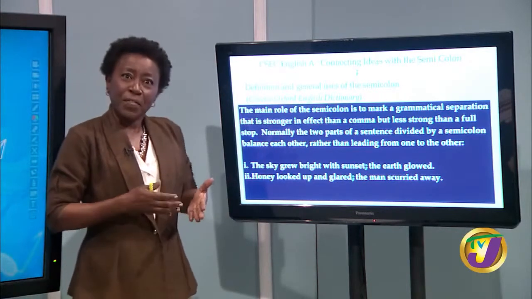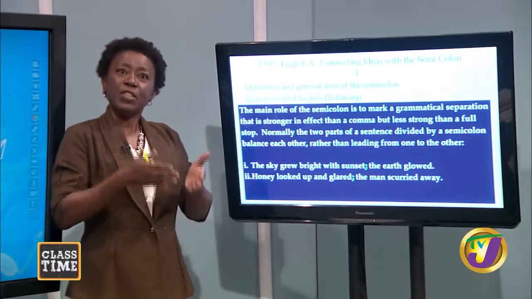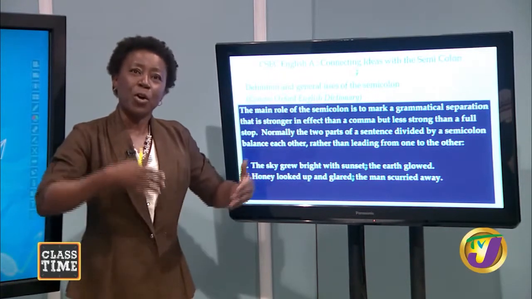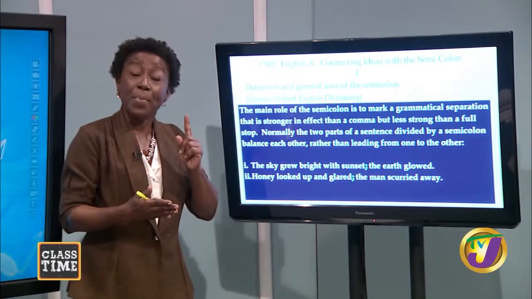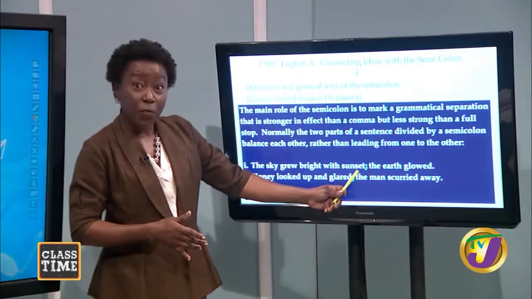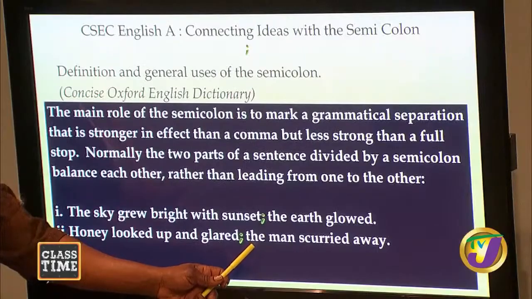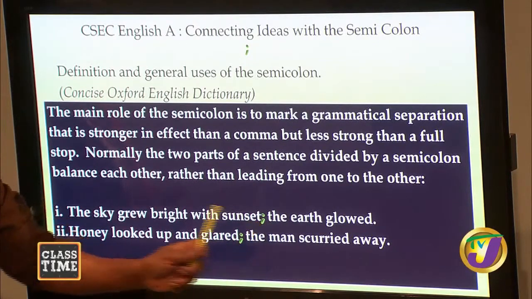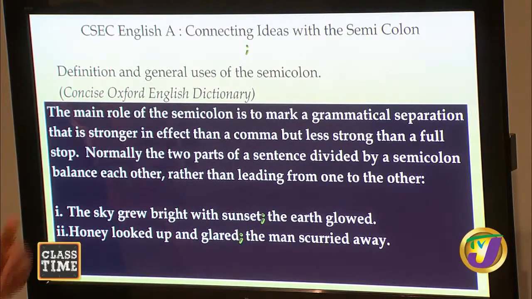So when you are thinking of inserting the semicolon into your expression to connect your thoughts, remember that where you would normally come to the end of a sentence, but you really want to say something more, you put the semicolon. So in this lesson, we are looking at connecting independent ideas which have something in common with the semicolon.